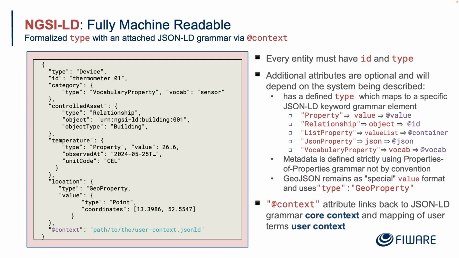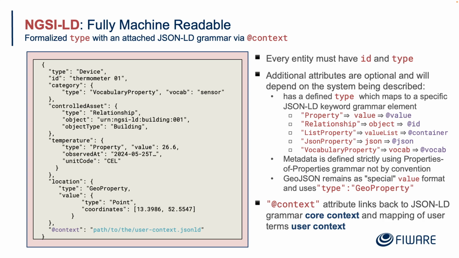Once again, every entity must have an ID and a type, but instead of just having a value for every single attribute, you may have other sub property types of elements. So, for example, the category here has been defined as a vocabulary property.